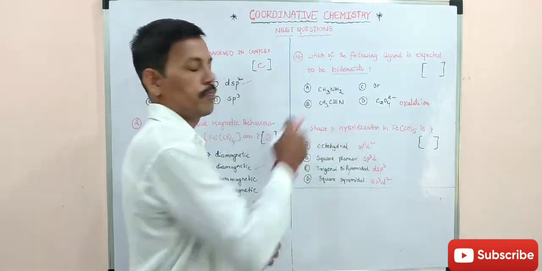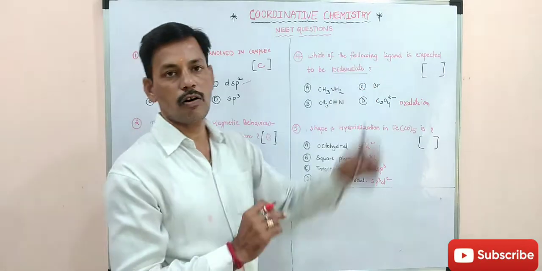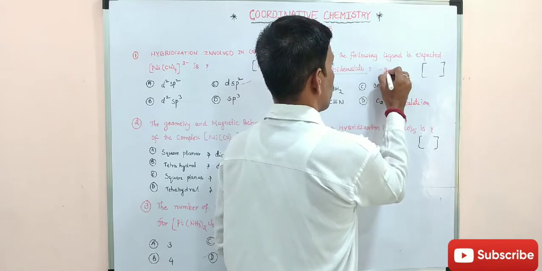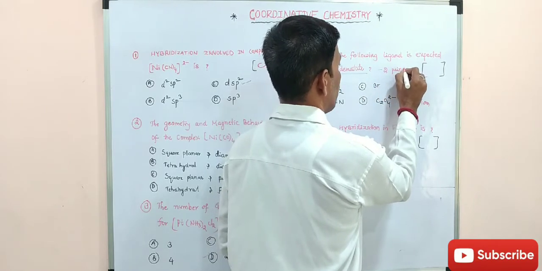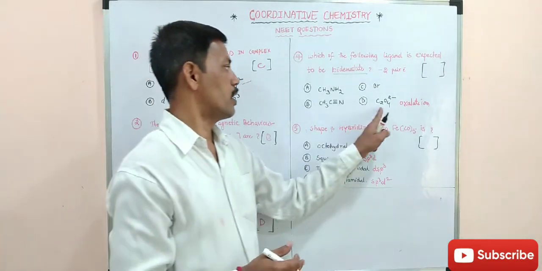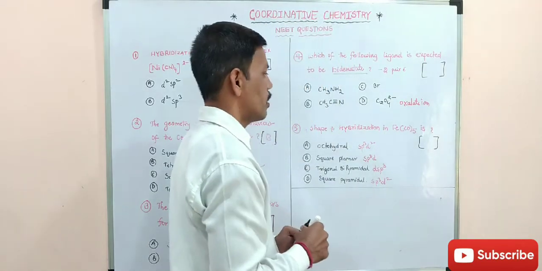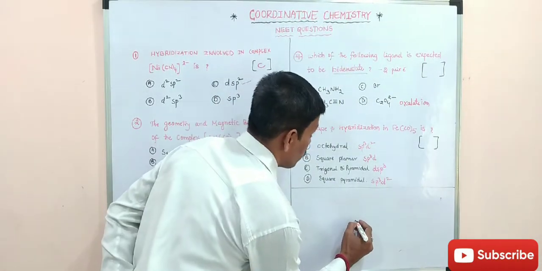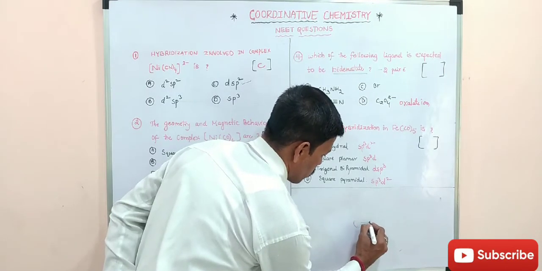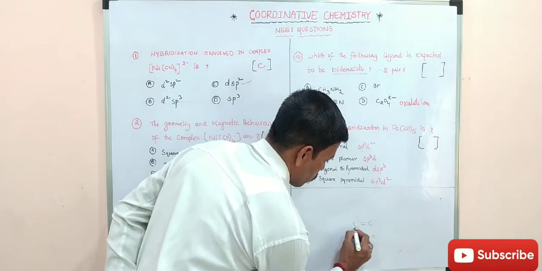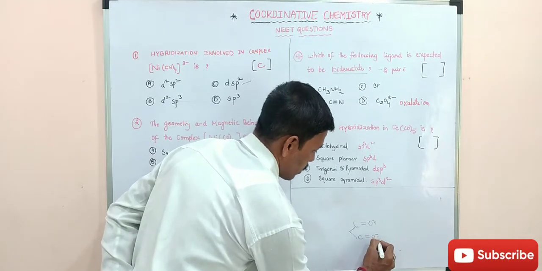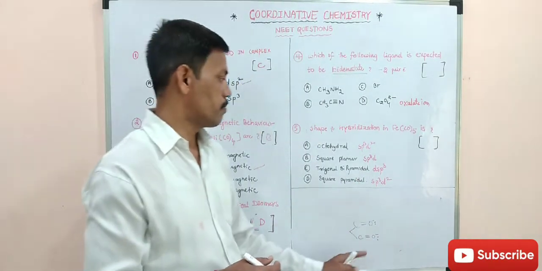So here the four options are there. Which one is the correct option? We have to know that bidentate means two pairs of electrons are donated by this ligand to the metal atom. If you see the oxalate ion, it has C double bond O and C double bond O. Here two oxygens are ready to give electrons to the metal atom.